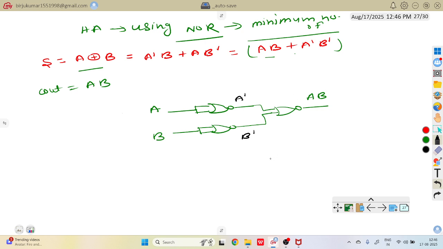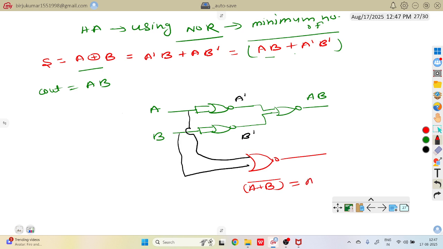Now how can you design A bar into B bar? Just place here one NOR gate. By the help of De Morgan's law, at the output we will get A plus B whole bar, meaning A bar into B bar.